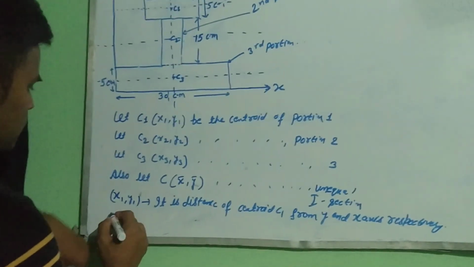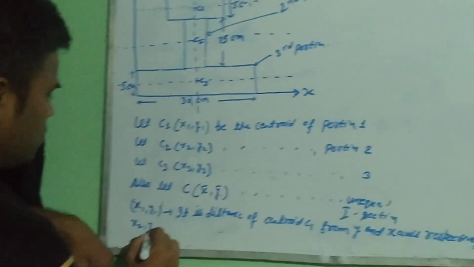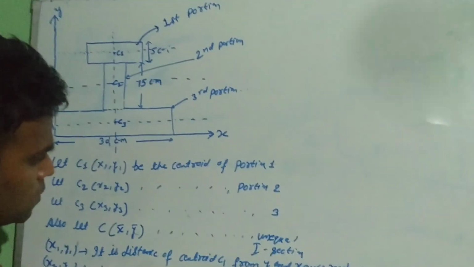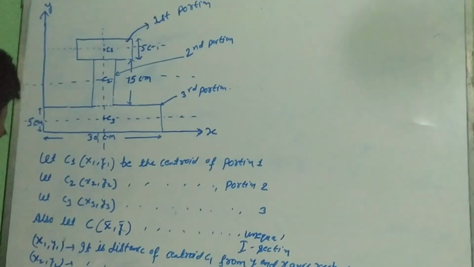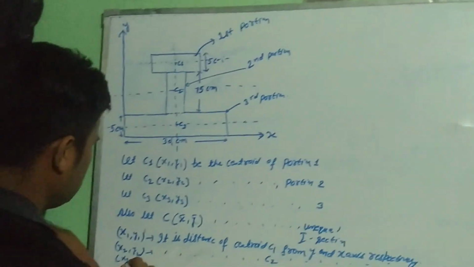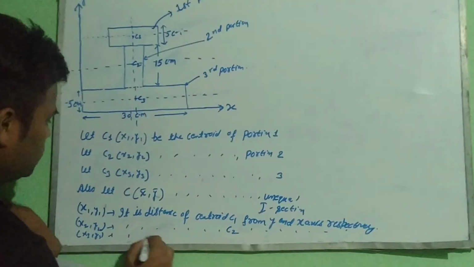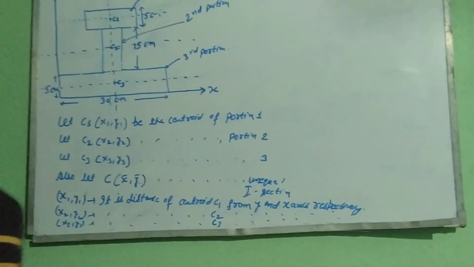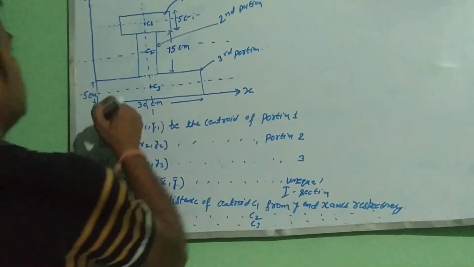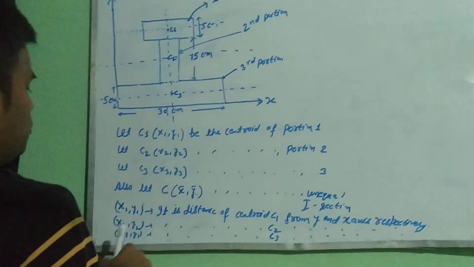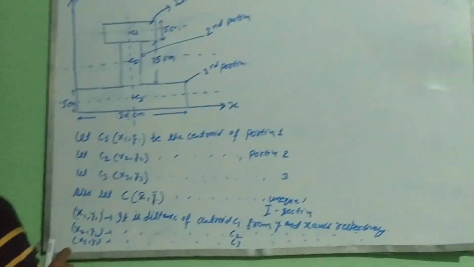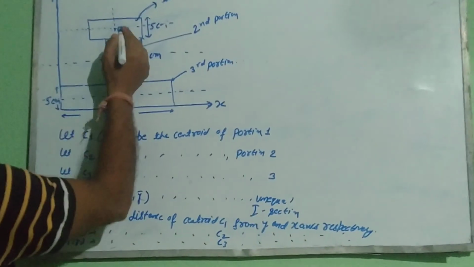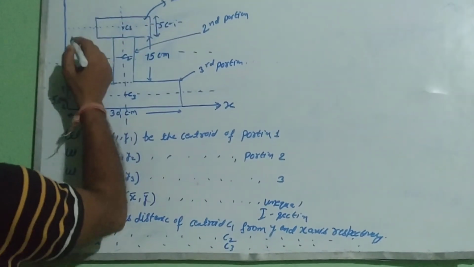Similarly, x2, y2 is the distance of centroid C2 from the y and x axis, and x3, y3 is that of C3. Now first we will find x1 y1, x2 y2, x3 y3. Then consider portion first.